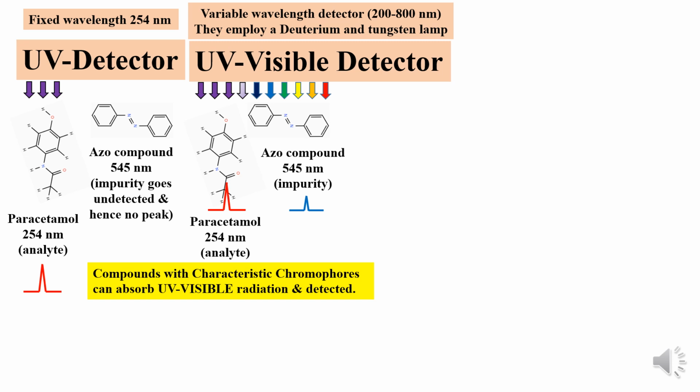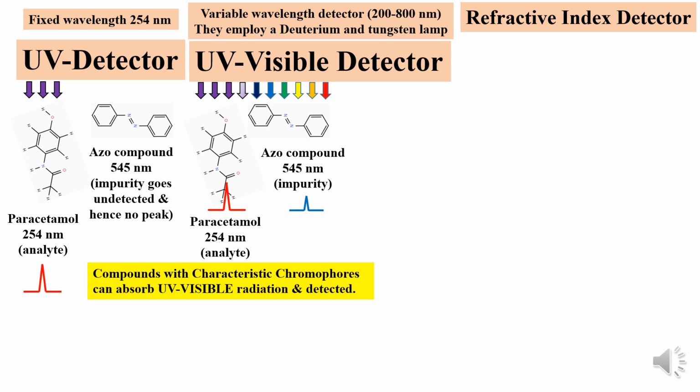So the presence of another peak, the blue peak, clearly shows that an impurity is present in this sample mixture being analyzed. So that is about the UV, that is fixed wavelength and variable wavelength detector.